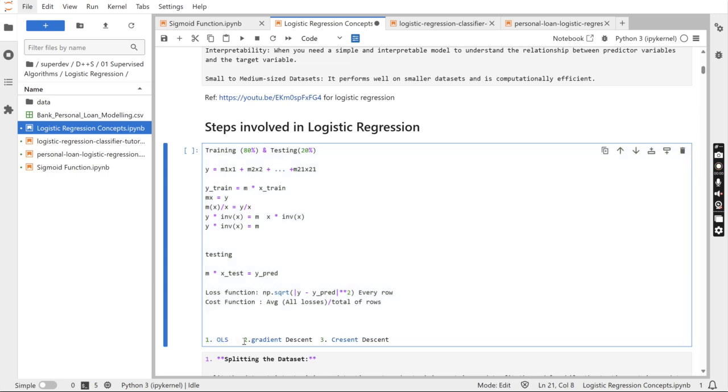Now, gradient descent means the same process for linear regression. Normal linear regression uses OLS only. But if you modify that linear regression to use something like polynomial regression, ridge regression, lasso regression, Huber regression, RANSAC regression, or Theil-Sen, you can either use those or even stochastic gradient descent.